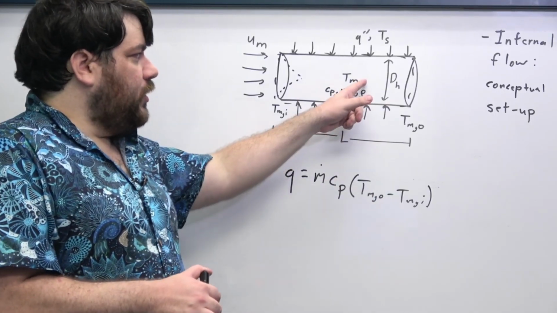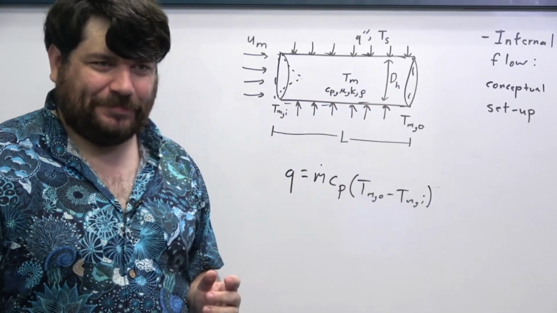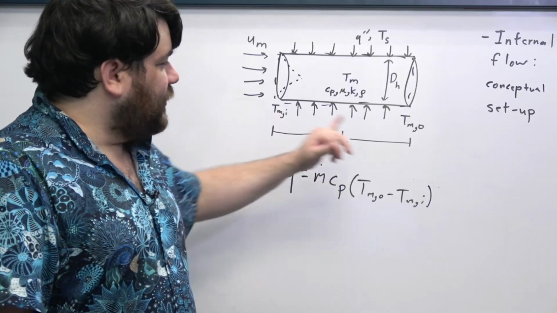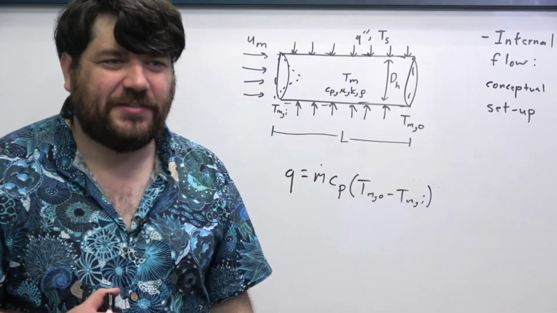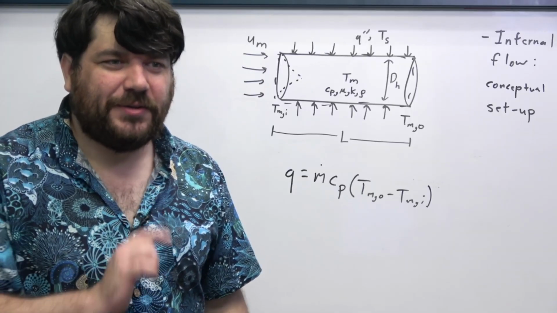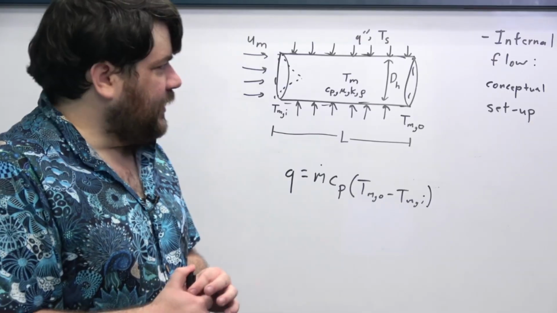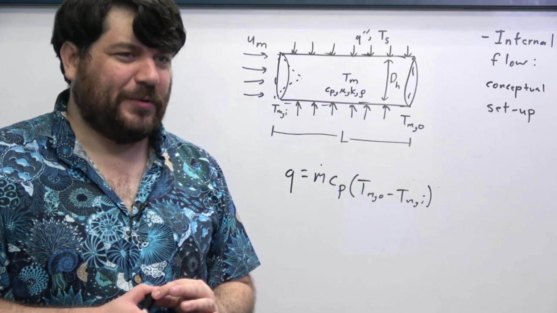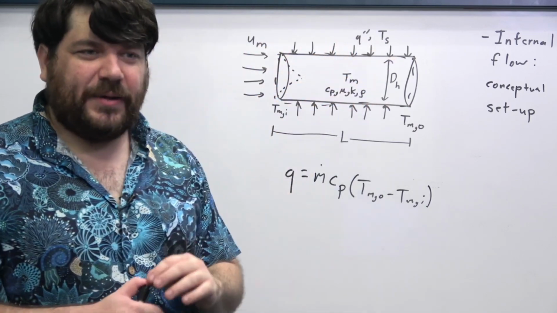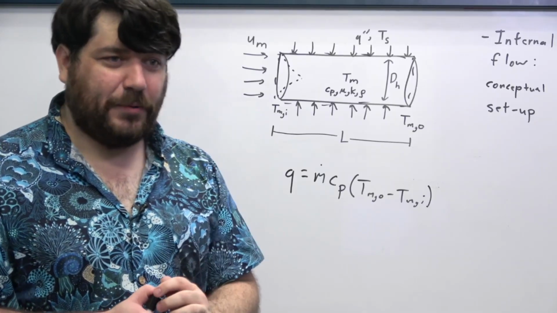And so it makes sense for us to try to understand how that temperature changes from Tmi to Tmo, and whether or not that depends on the way that we heat up the system. In particular, there are two different cases that I want to consider. The first case is what happens when I have a uniform heat flux. So I set up a toaster or whatever on the surface of this pipe, and I fix the heat flux at the surface of this pipe to be a specific number.